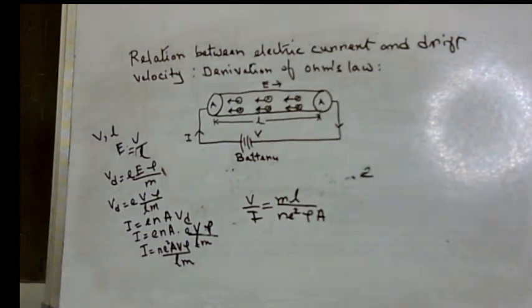If you watch this expression carefully, you find that the quantities m, L, n, e, tau, and of course the area of cross section have constant values for a given conductor.